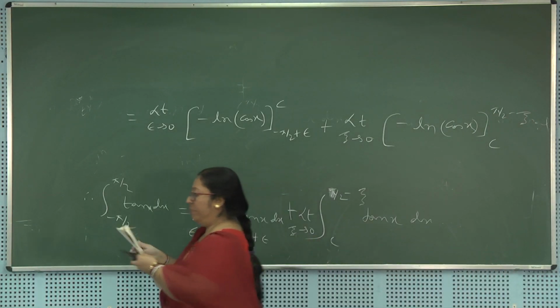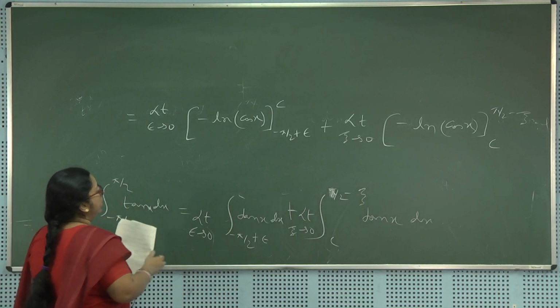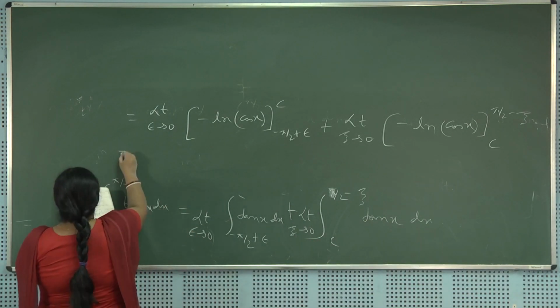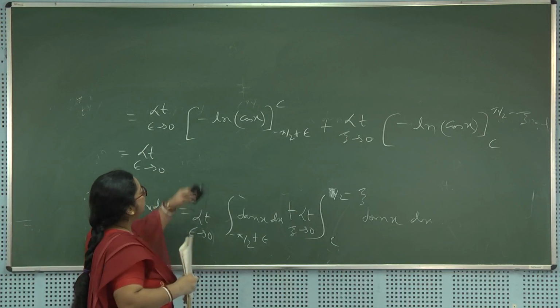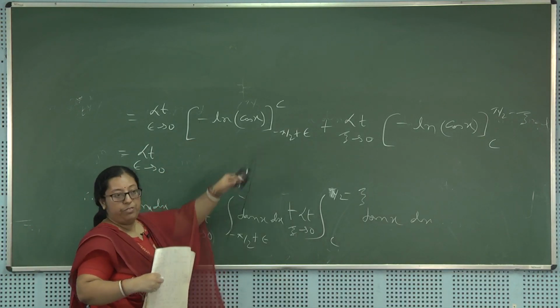Now, if we substitute the upper and the lower limit, this will become the limit as epsilon tends to 0. Because it is a minus sign, the lower limit comes first, then the upper limit.